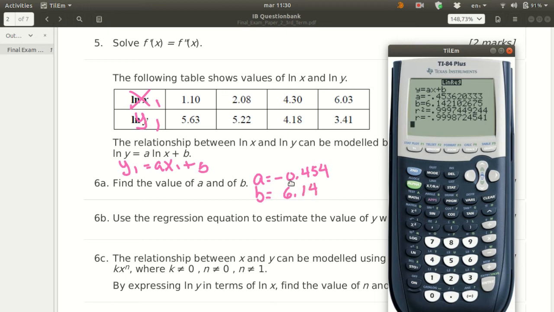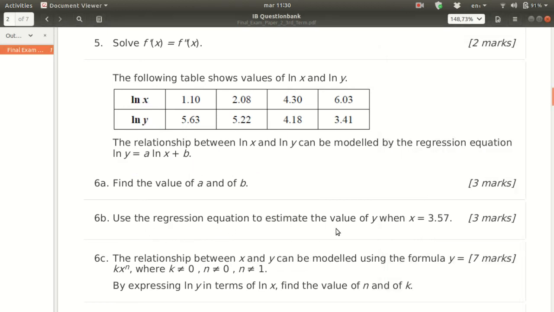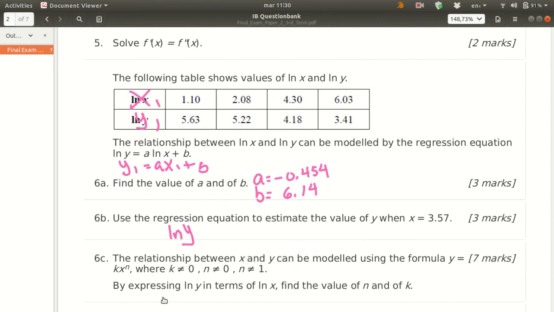Use the regression equation to estimate the value of y when x equals 3.57. So here is the catch. They are not asking for natural logarithm of y. They're asking for y. But this regression equation is going to give you the value of natural logarithm of y.